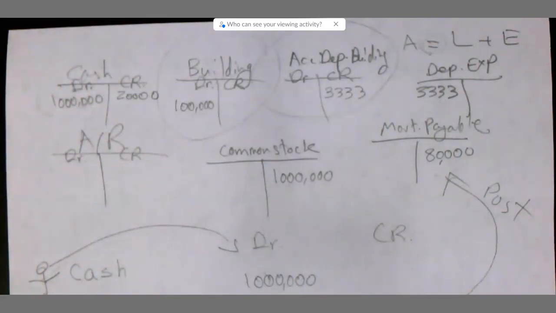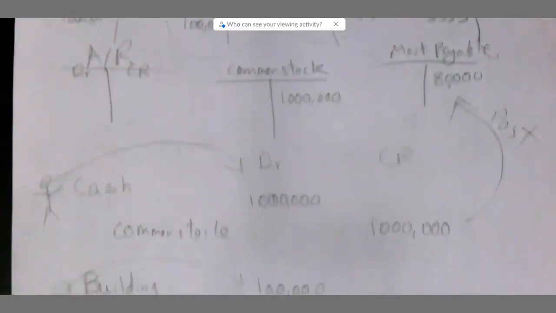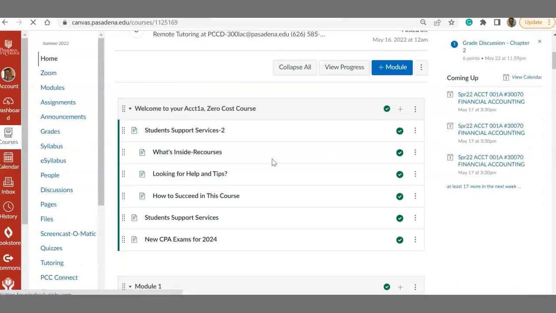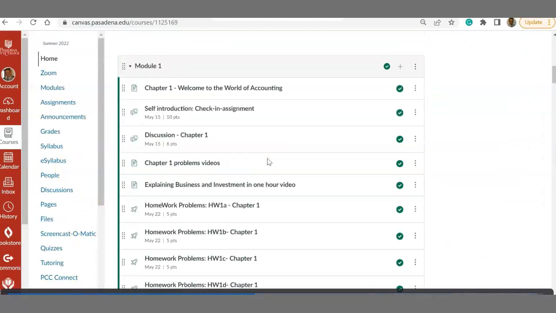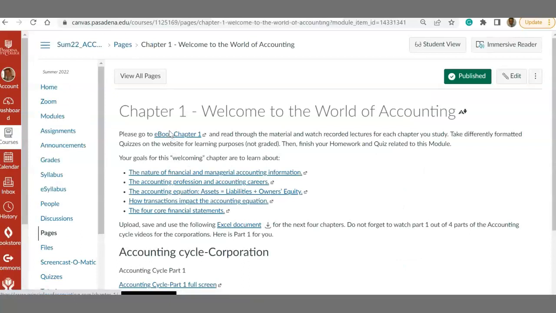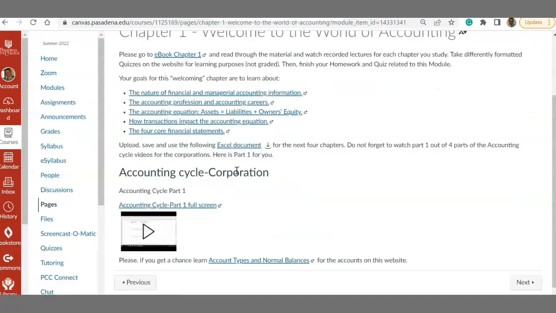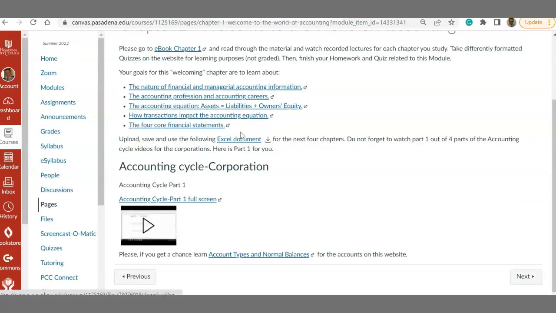Everyone needs to be able to understand. Okay, if there is any question in this, because I covered tons of resources here that you need to utilize all of them. Let's say if you go to chapter 1, it says this is your textbook. Those are the things that we'd like you to cover in this chapter. And here is the Excel document that you need to download and practice whatever I do in here.